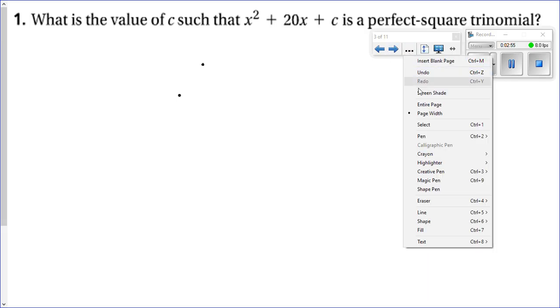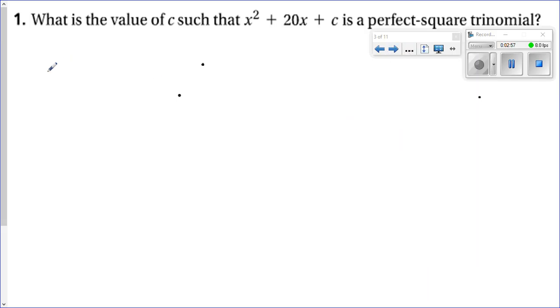Okay, so we take b divided by 2, so we got 20 divided by 2, squared. 20 divided by 2 is 10, 10 squared is 100. So c would have to equal 100, and if we put it back in, it would be x squared plus 20x plus 100.